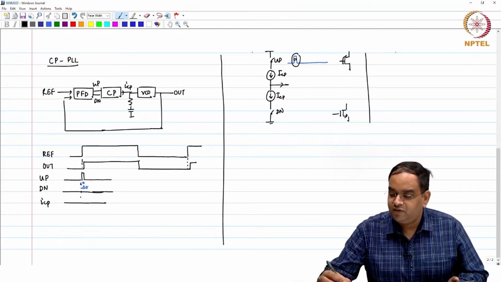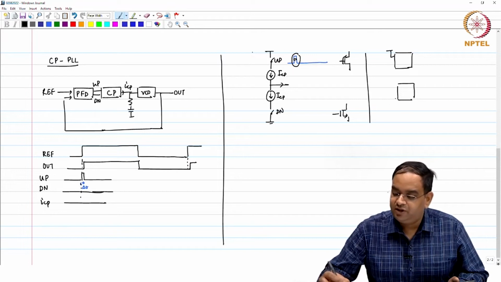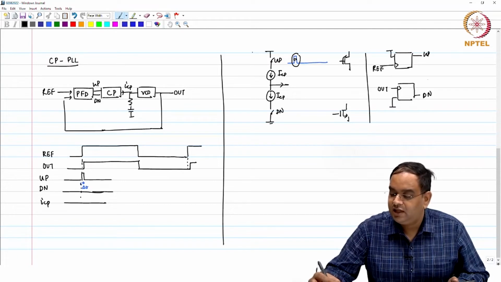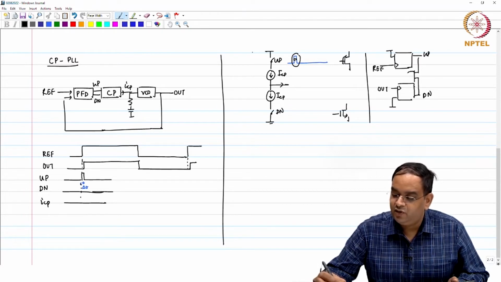What was the PFD block which we saw earlier? There were 2 D flip flops, both inputs were connected to VDD. One was clocked with reference, the other was clocked with out. In our case, the outputs of these blocks are up and down, and they both were used by the AND gate to reset the outputs.